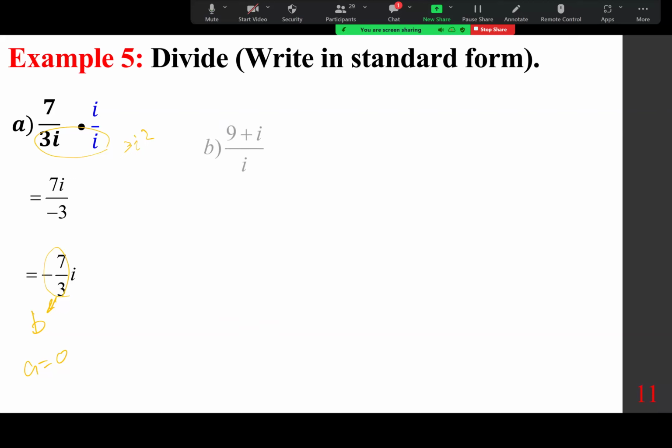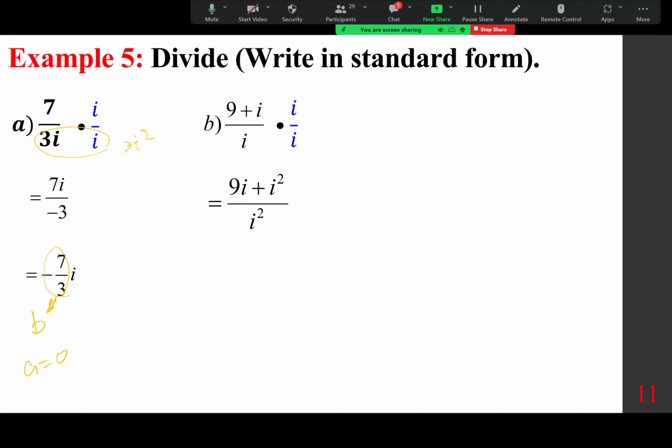So for this one, you can cut them into 2 fractions. It will do the job. Or you can multiply by i over i. So the numerator is 9i plus i squared, and the bottom is i squared.